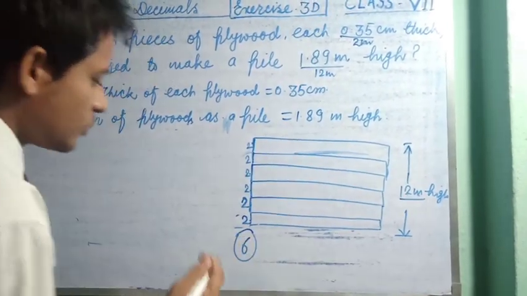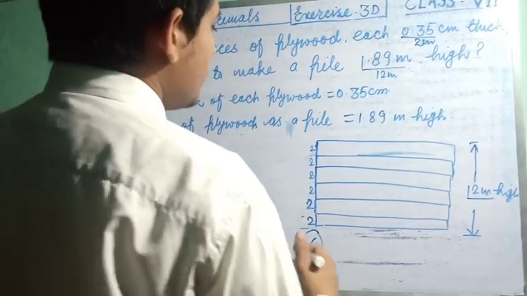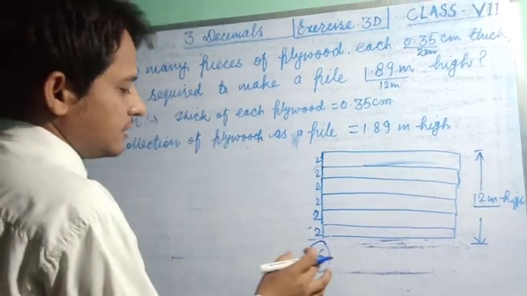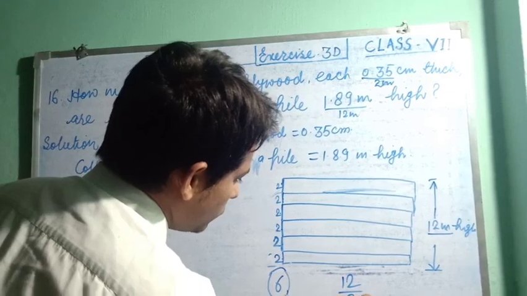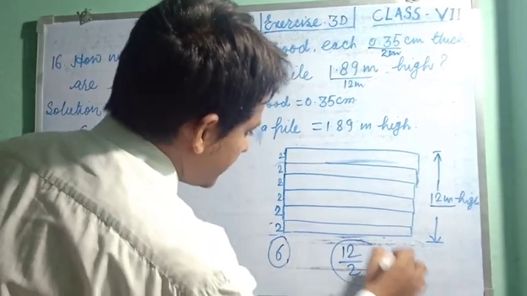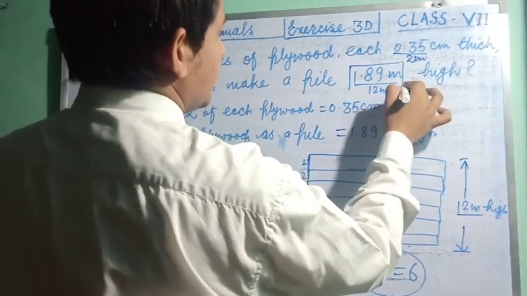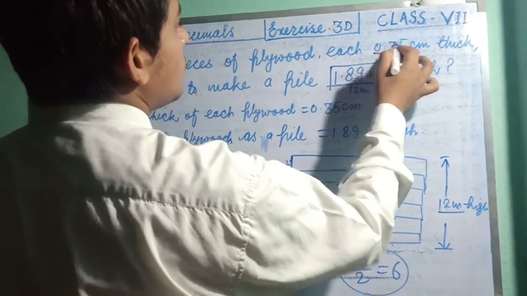What is the clue to find out the number 6? It's a symbol, because we are going to understand this activity to solve this question. You can easily find the 6: suppose 12 divided by 2, this becomes 6. That means we have to divide 1.89 meter by this 0.35.